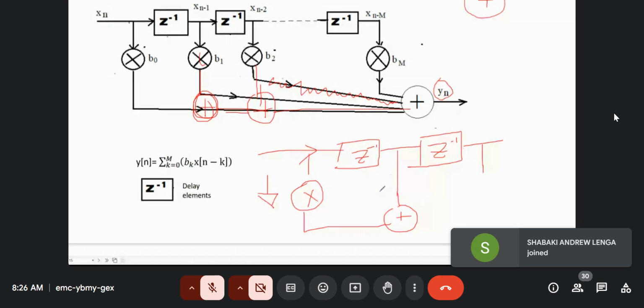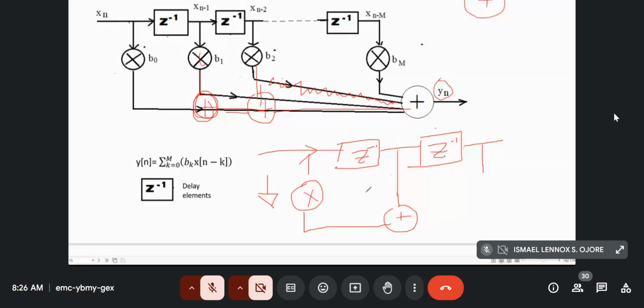Or sometimes it's just an arrow with a number, with the multiplier, with the coefficient. So it could be in this form. Here I have drawn it in this form. Let me stick to that form. And up to the last one.